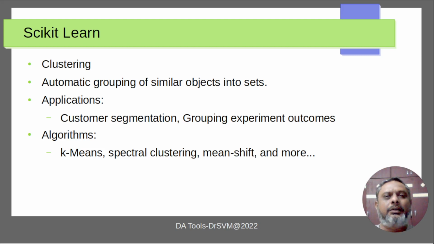So many applications we have for this. And scikit-learn has a big world of algorithms defined in it, which is very much available for us to use, such as k-means, spectral clustering, mean shift, and many more.